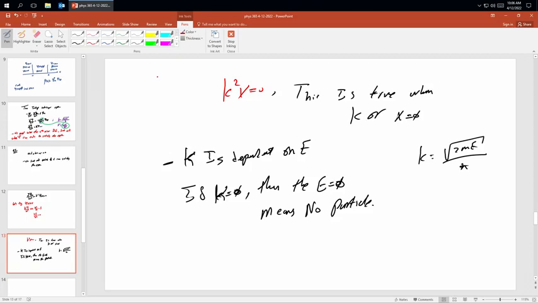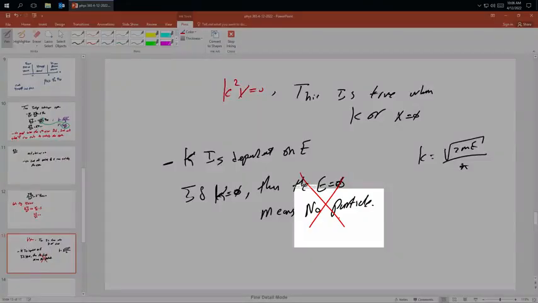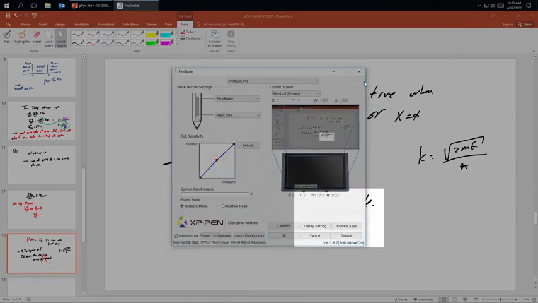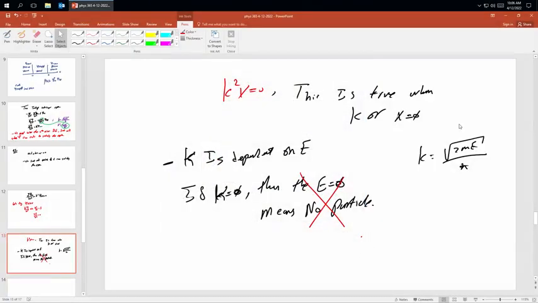That's not good. If k is 0, then the energy is 0, that means you have no particle.